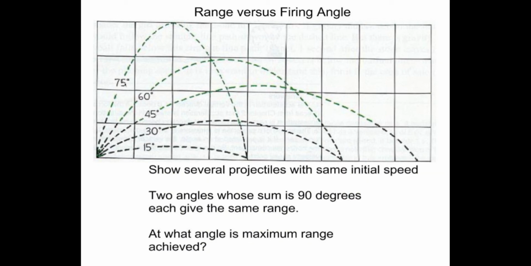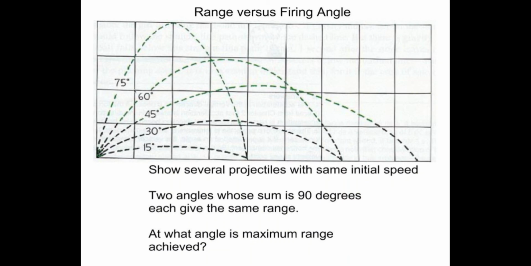So why is that? Well, 75 degrees has a bunch of vertical velocity, so you get a bunch of hang time. That's good. But it doesn't have a lot of horizontal velocity, so you're not going that far to the side with that hang time. Now, 15 degrees has a lot of horizontal velocity, so you're covering a bunch of ground every second. But you don't have hardly any vertical velocity to give you hang time.